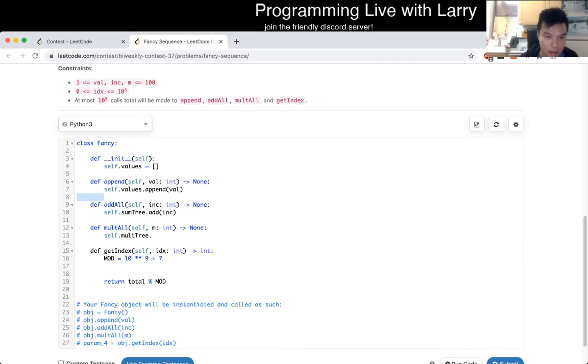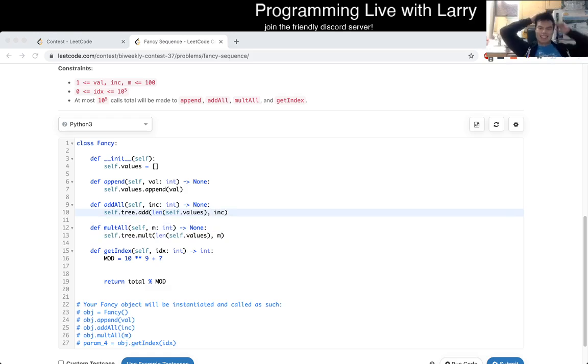I think the idea is okay. Does that make sense? The order in which we do the trees matters.